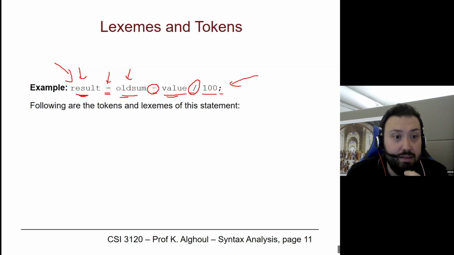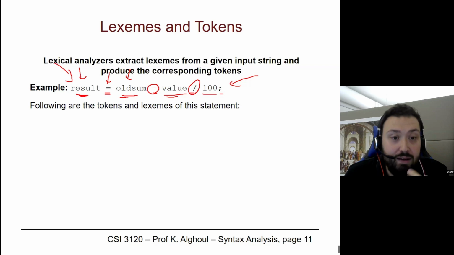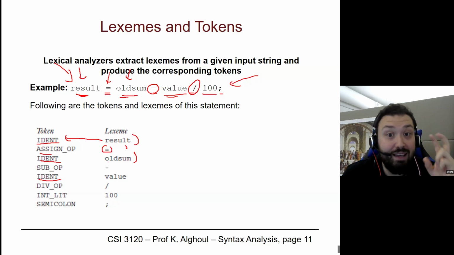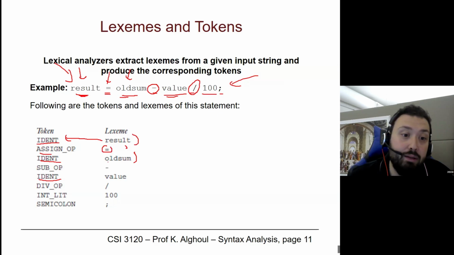The lexical analyzer extracts lexemes from a given input string and produces the corresponding tokens. In this case, the lexemes are result, equal, old sum, and it's going to produce its token, which is the identifier. Old sum also is an identifier. Also, this is an identifier. And the equal sign is the assignment operator, not the equal operator, for example.